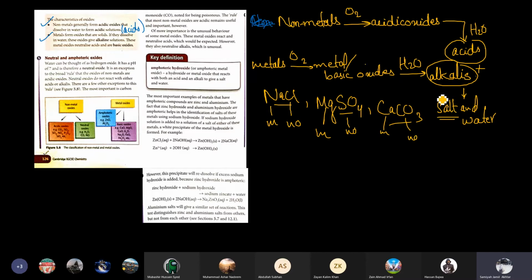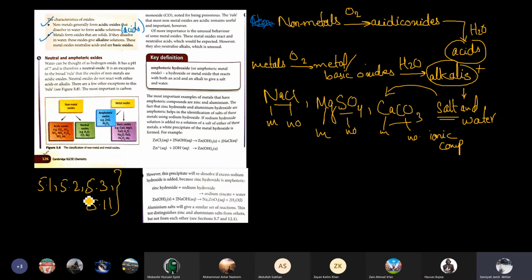So salt is actually an ionic compound, first of all, and then it's a combination of metals and non-metals. The detailed study of salt is not included right now. You will study it in grade 9. In your exams, the topics coming from this chapter are 5.1, 5.2, 5.3, and 5.11.